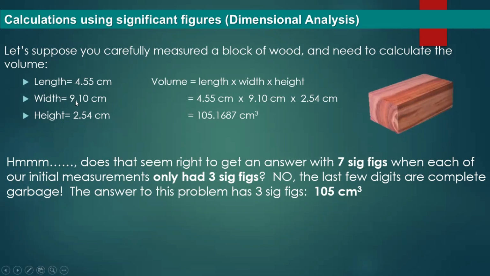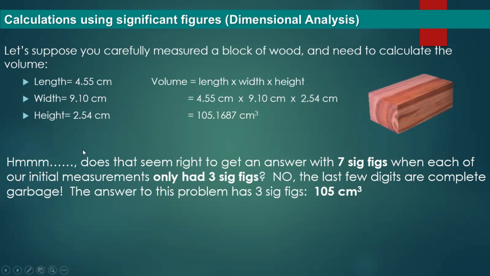The width is 9.10 centimeters, and the height is 2.54 centimeters. So if we multiply all 3 of these numbers, we get 105.1687 centimeters cubed, or cubic centimeters.